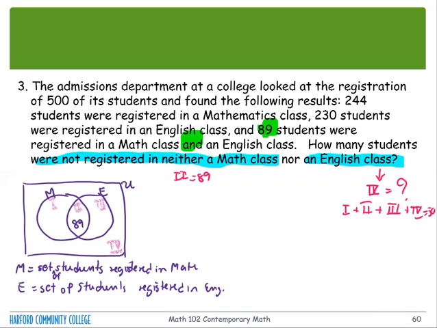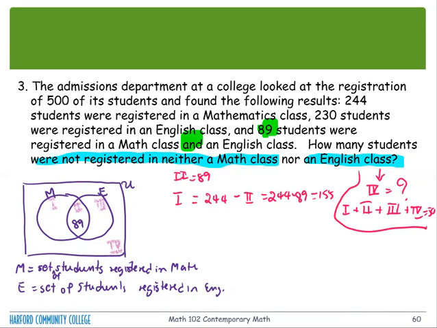What else do we know? 244 students were registered in mathematics classes. So region 1 is going to be the rest of the 244, or 244 minus the number from region 2, or 244 minus 89, that is 155.